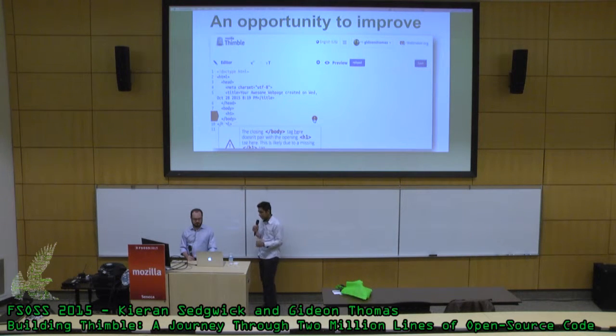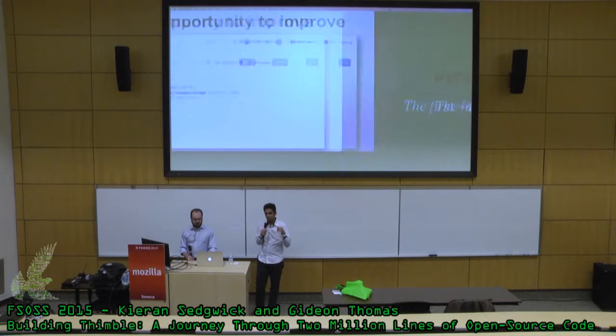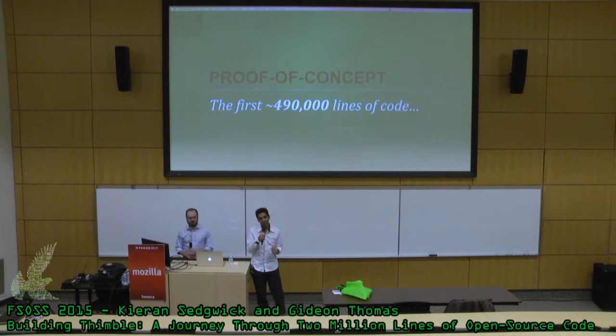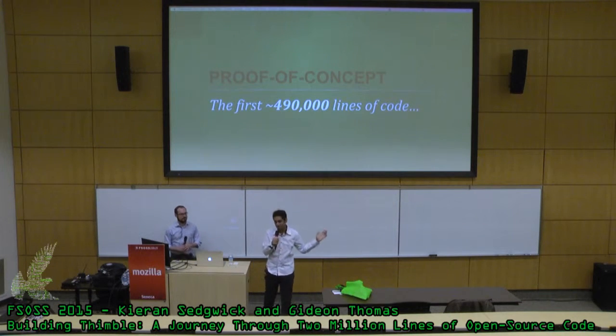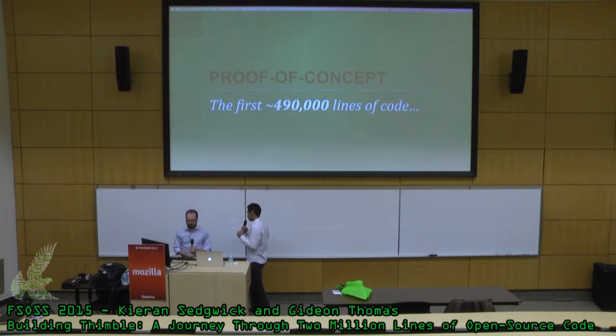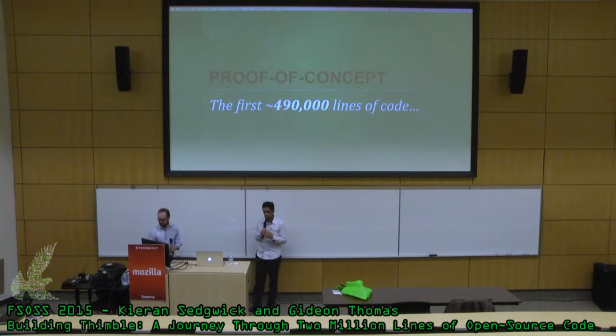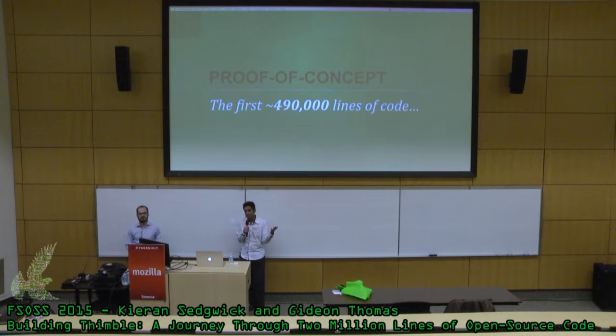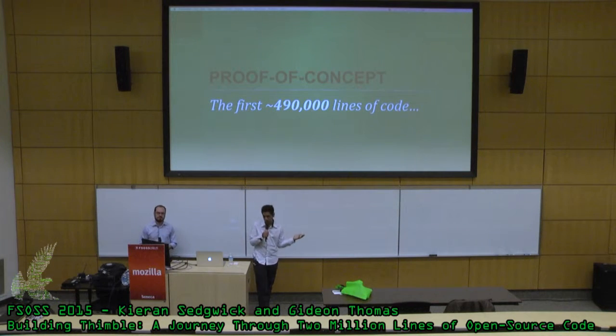So let's go head first into the first 490,000 lines of code off the bat. Before I go further, however, I'd like to inform you that as we do this presentation, we're going to be counting the number of lines of code that's actually in this project with you guys using a very simple tally system.